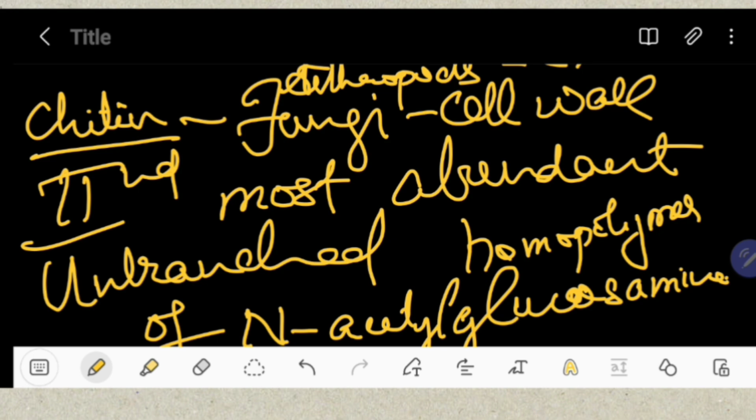So N-acetyl glucosamine, nothing. Every chapter is interconnected, my dears. When you learn about the fungus cell wall in biological classification, you have to remember that chitin is the homopolymer of N-acetyl glucosamine.